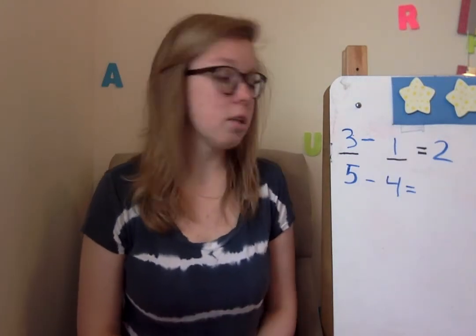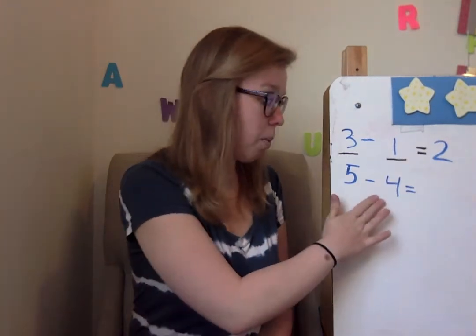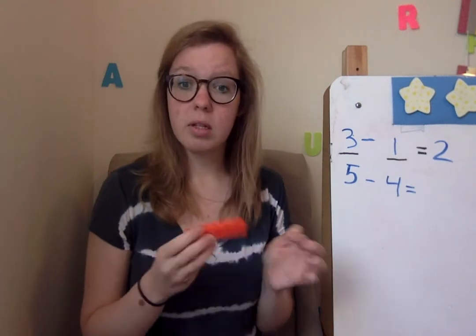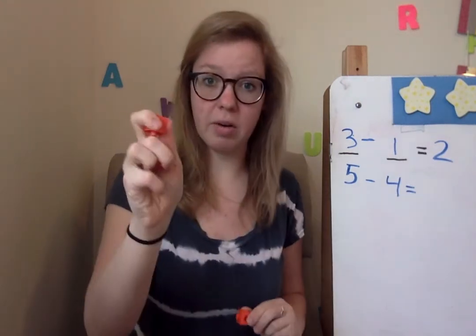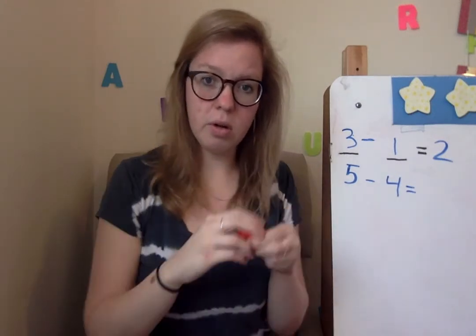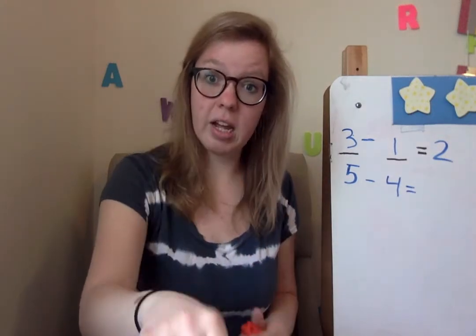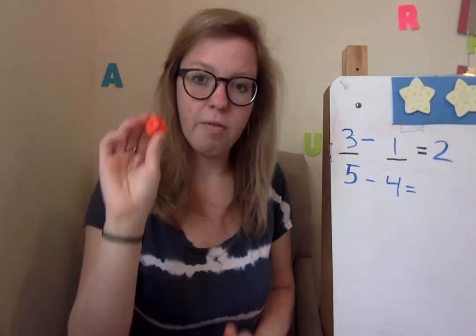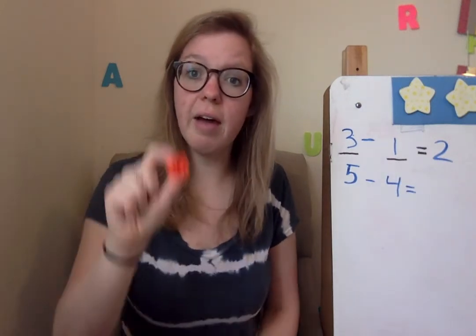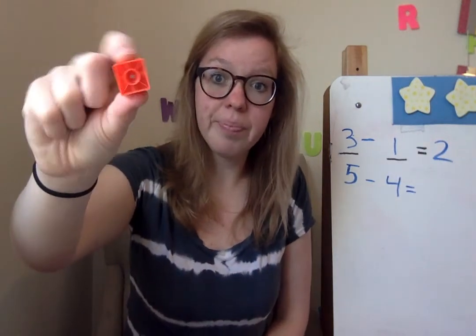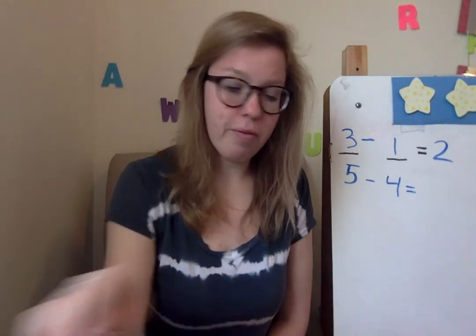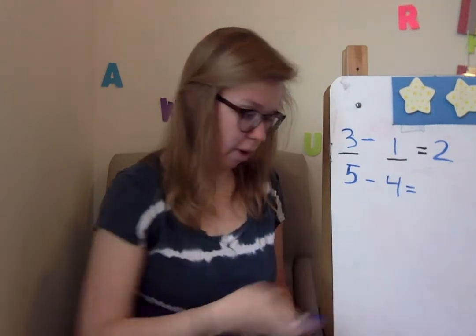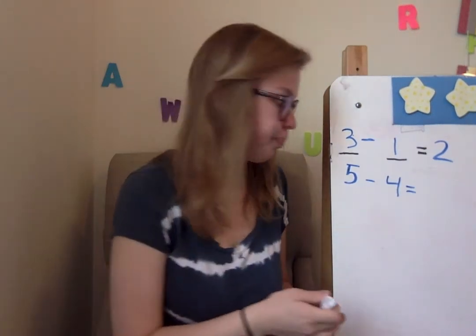I'm going to take away 4. Let's do that together. I took away 1, 2, 3, and 4. And now I'm left with only 1. Good. So 5 minus 4 equals 1.